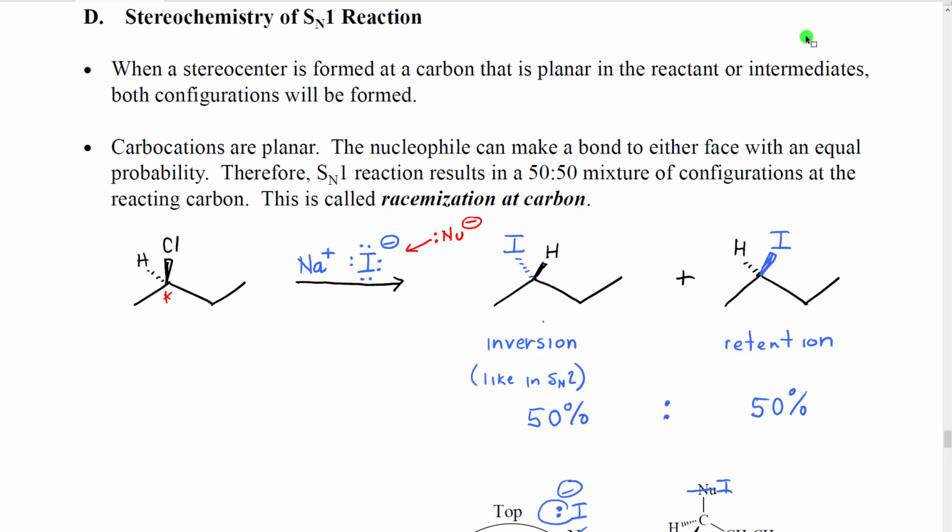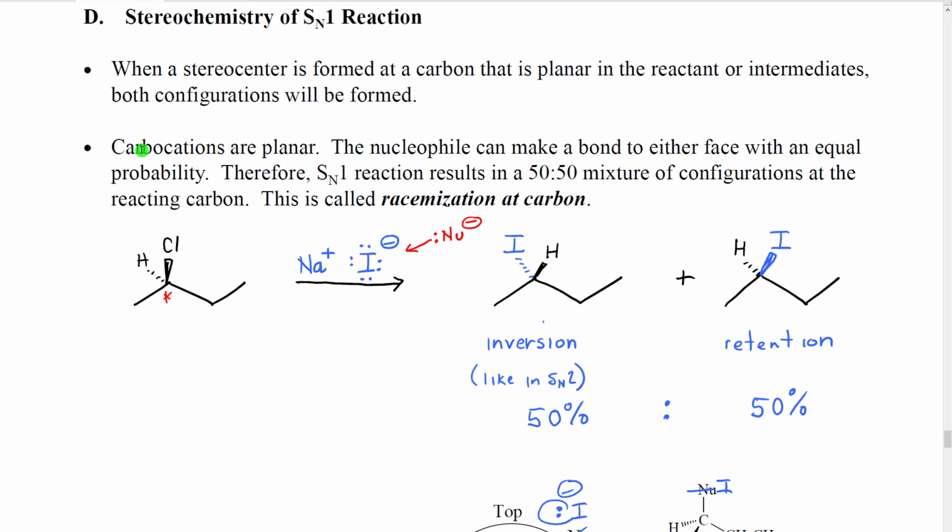So we're going to have a rule here, which I probably should have put in bold. When a stereocenter is formed at a carbon that is planar, either in the reactant or in the intermediates, then both configurations of that stereocenter will be formed.